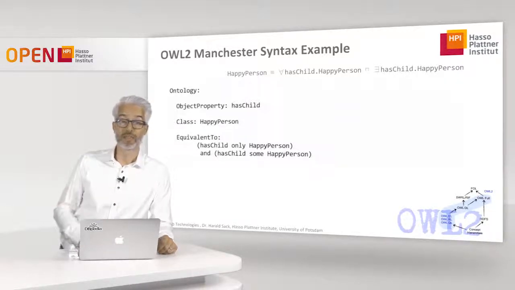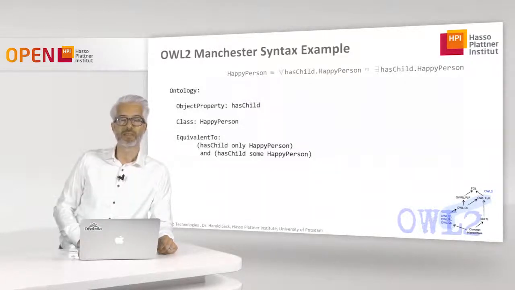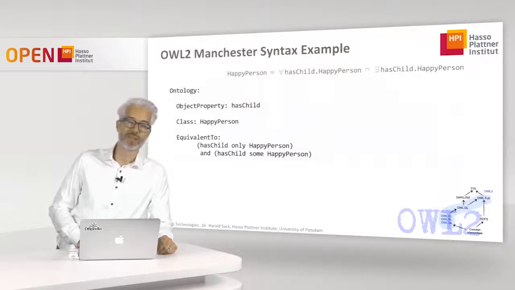This is equivalent to, meaning your class HappyPerson is equivalent to the conjunctive connection of these two property restrictions. First, has child is restricted to only happy persons, which is the universal quantification or strict binding. And then has child is restricted to some happy person, which is the existential quantification or loose binding.